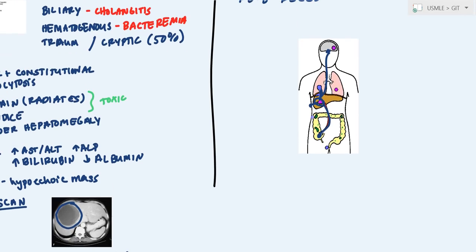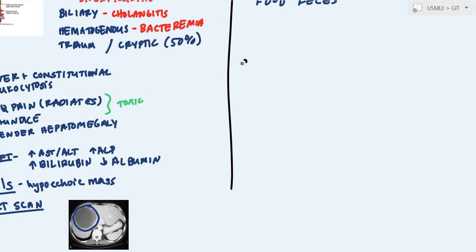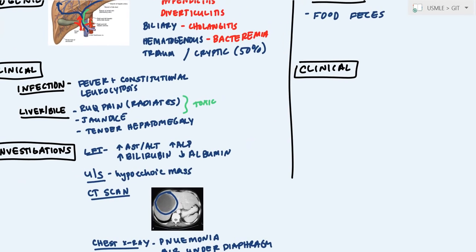Now, when we're looking at the clinical symptoms, what you'll find is it's going to be the same thing as with regards to you have signs of infection, which is going to be your fever, constitutional symptoms, and leukocytosis.